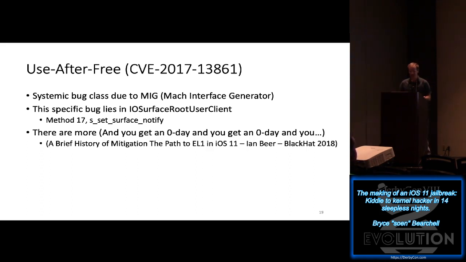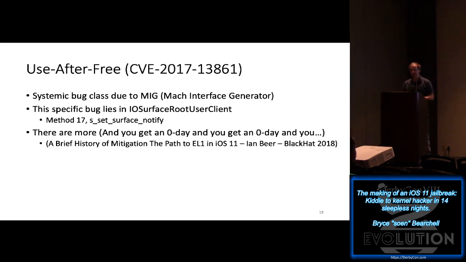And this specific bug lies in the IOSurface user client. And Ian Beer talked about this in his brief history of mitigation, the path to EL1 in iOS 11. And it's a combination of, there are predefined requirements for this MIG interface. If you say, hey, I am going to run a function and it returns an error, you're responsible for cleaning up the memory.